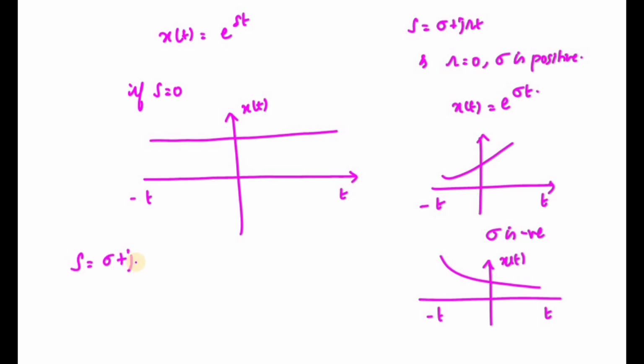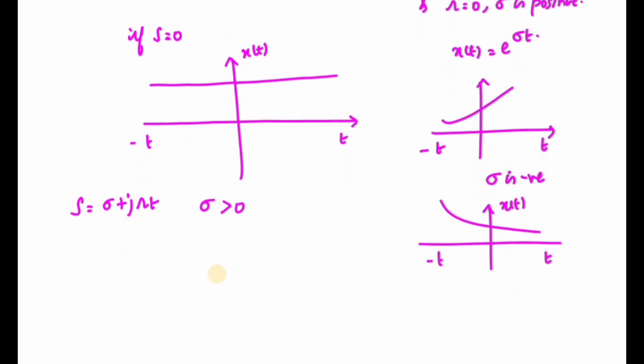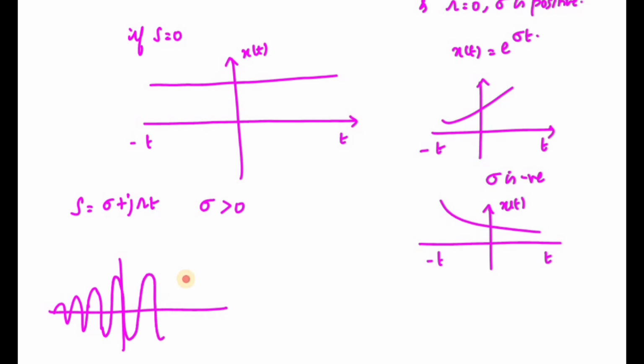If s is equal to this value, what happens when tau is greater than 0? You will get what is called an overdamped signal, which is continuously increasing.